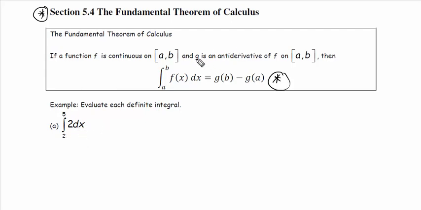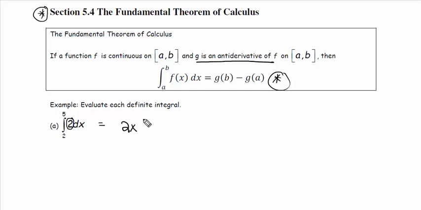So we need to find the antiderivative of f, and our f right here is 2. So the antiderivative of 2 is 2x. You can check that because the derivative of 2x is 2. Now, I'm going to evaluate that from 2 to 5.